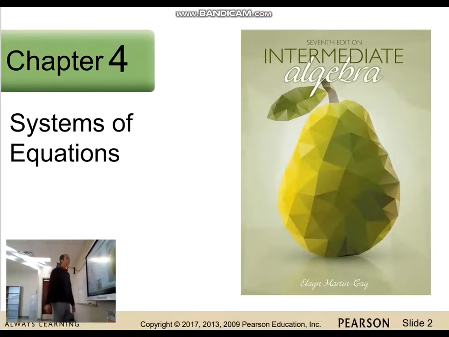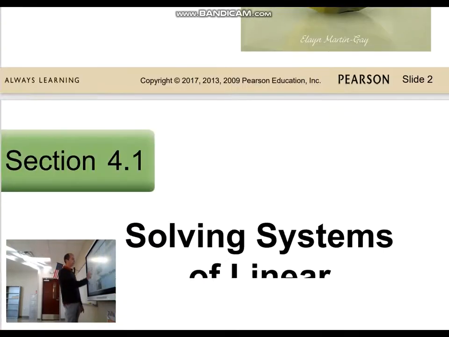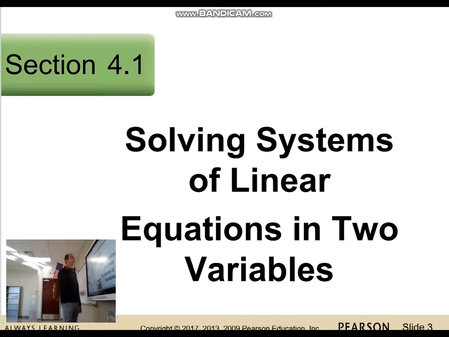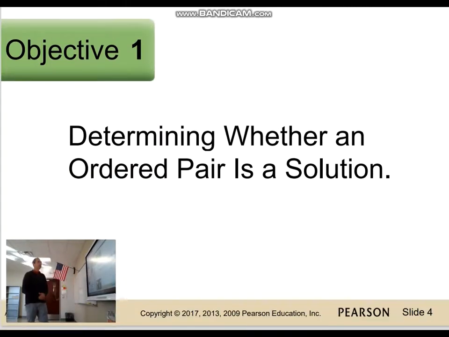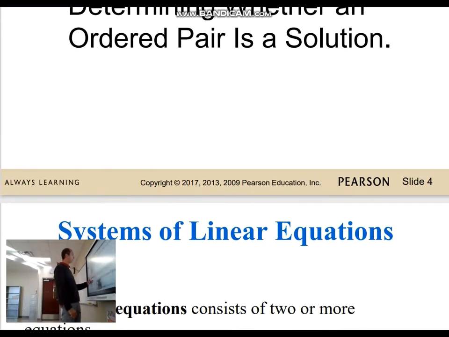We will work on chapter 4 today, Systems of Equations, and section 4.1, Solving Systems of Linear Equations in Two Variables. The first objective is to determine whether an ordered pair is a solution for a system of equations.